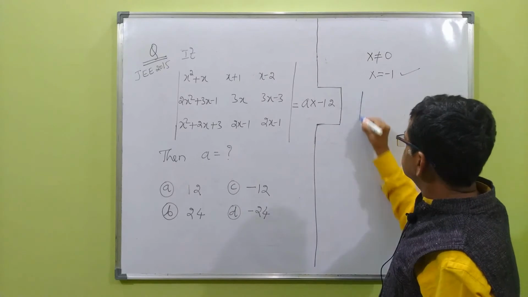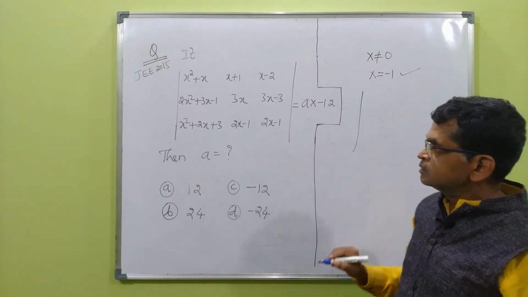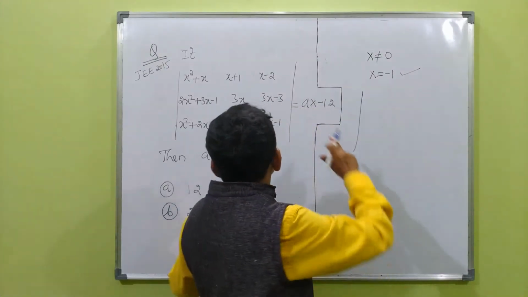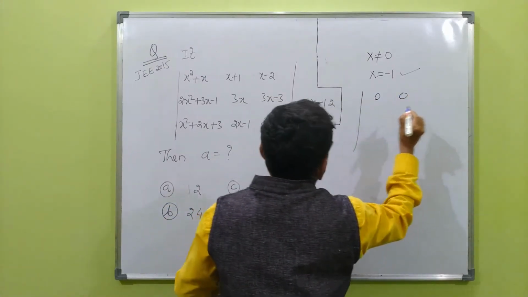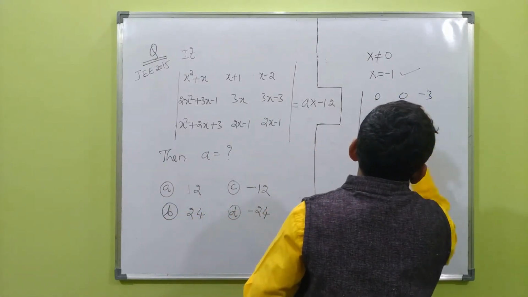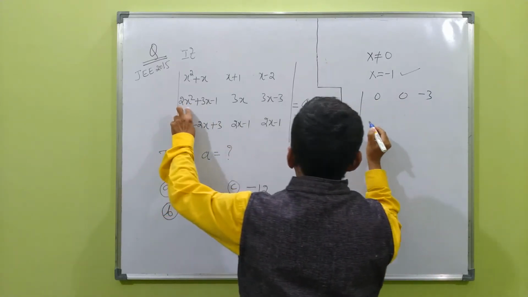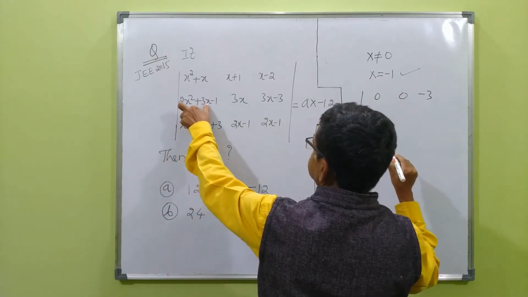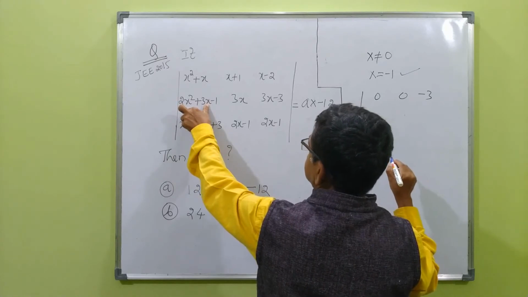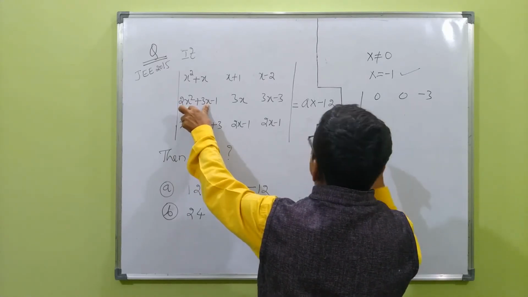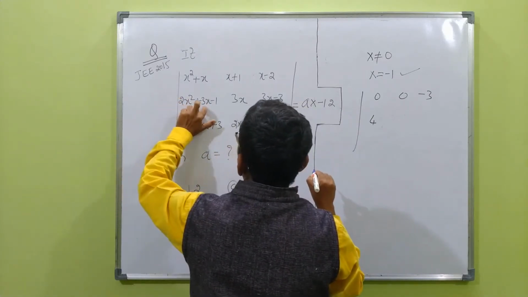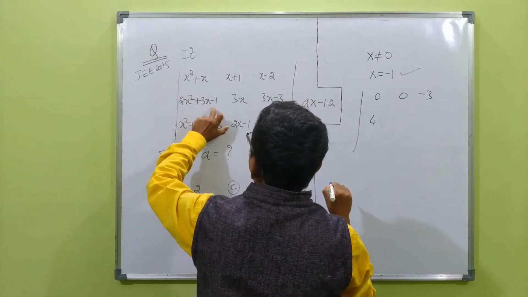Then you get x here 0, 0 and minus 3. Here 2 plus 3, minus 1. 2 plus 3, that is 5, isn't it? So 2 plus 3, 5, minus 2 it is.